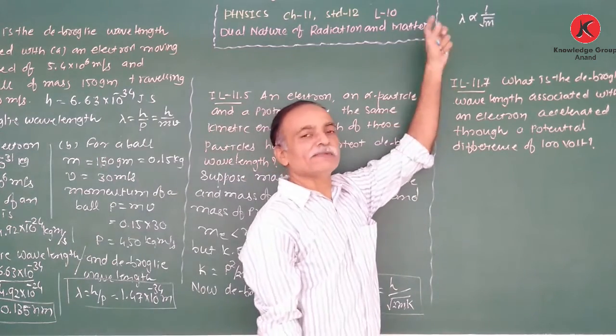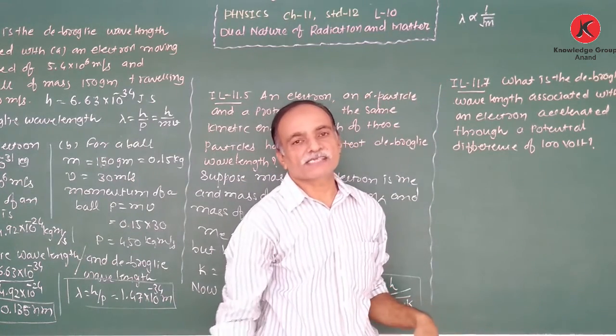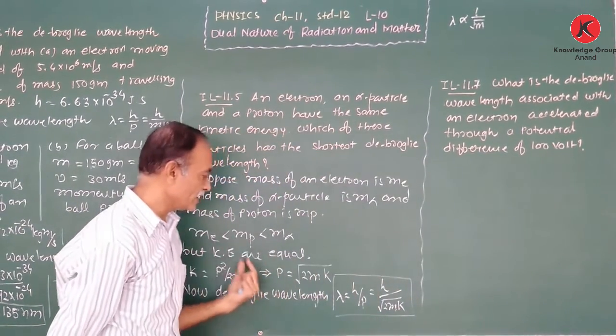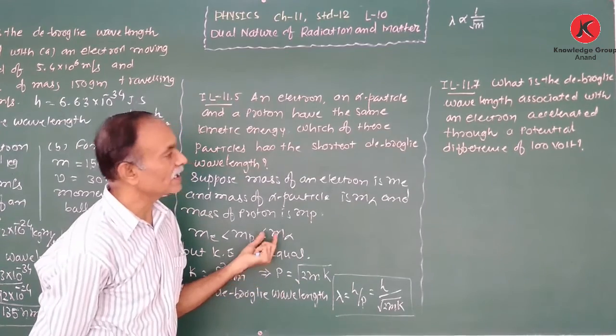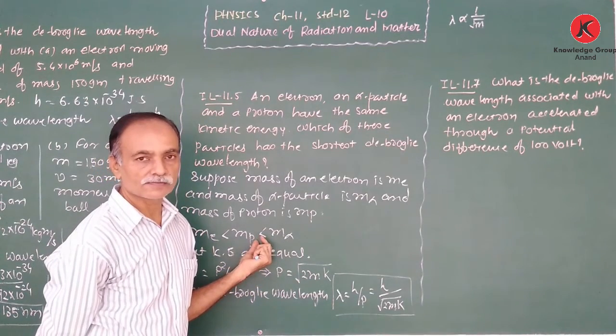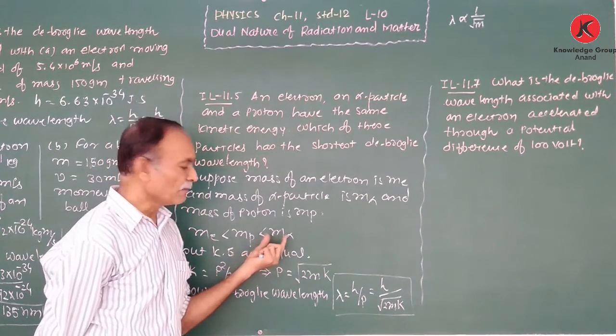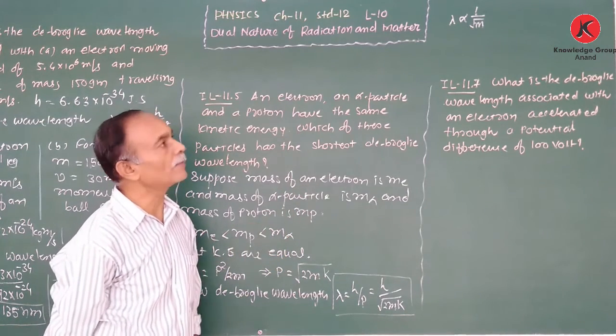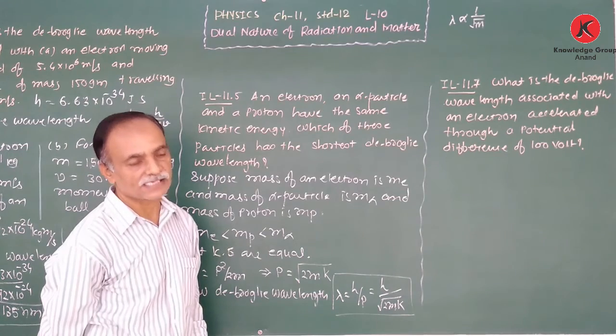So here the relation between the wavelength and mass is inversely proportional. Therefore the mass of the electron is less, so the de Broglie wavelength is more. Now the mass of the alpha particle is more, therefore the de Broglie wavelength of the alpha particle is less.